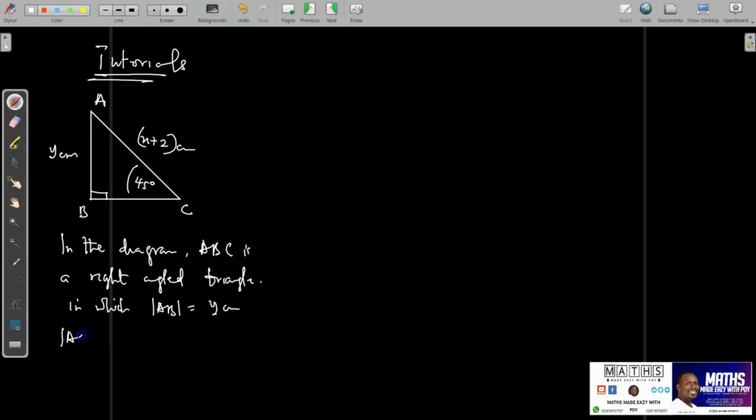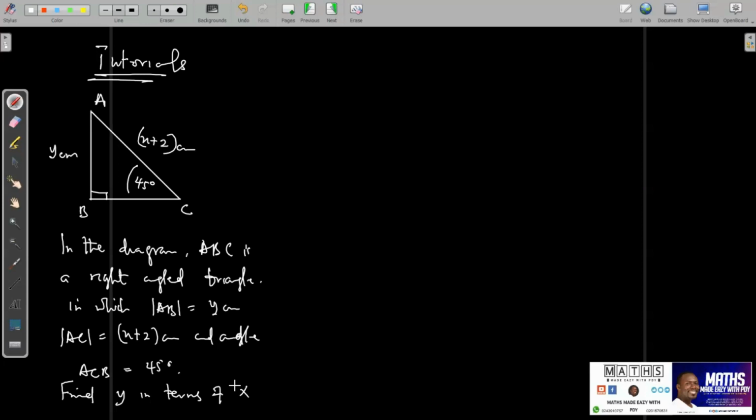The line AC is equal to X plus 2 centimeters. And angle ACB is equal to 45 degrees. Now the question: find Y in terms of X.